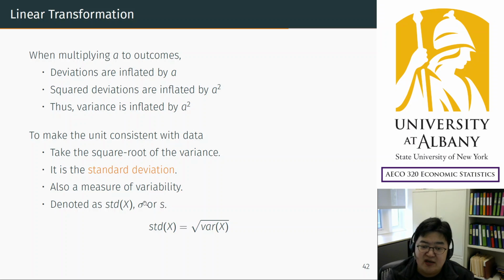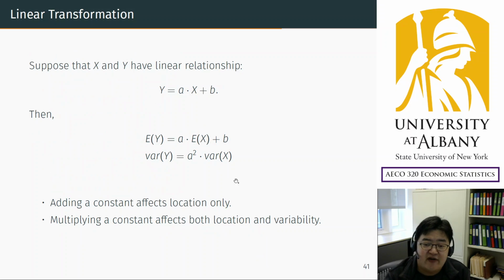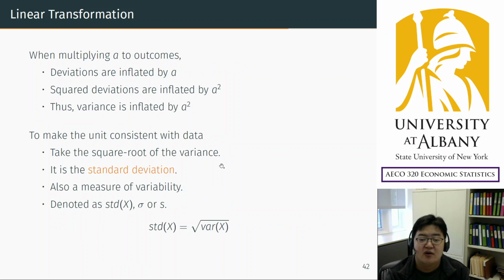Because standard deviation is denoted as sigma or s, the variance was denoted as sigma squared or s squared. In practice, standard deviation is as important as the variance, and practically it's actually more important because variance has an undesirable property like this.